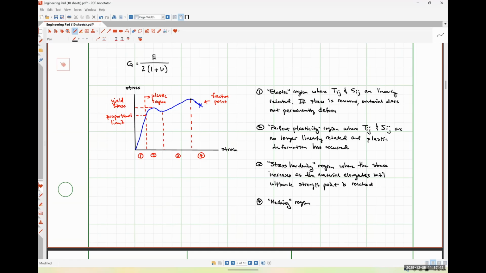And in the necking region, essentially the cross-sectional area of the material starts getting smaller very rapidly.